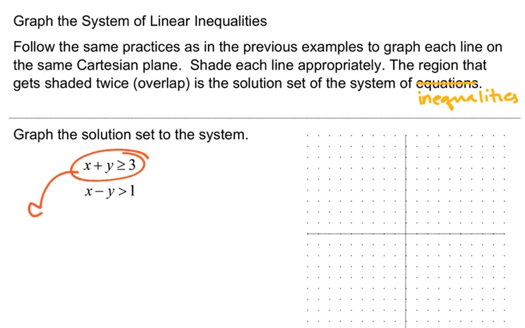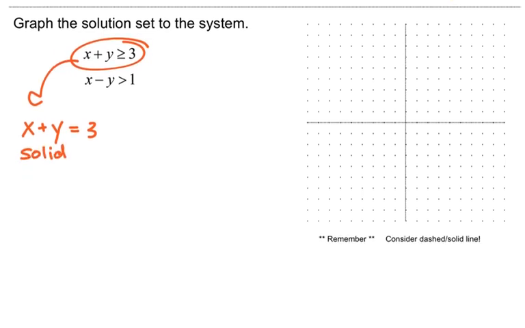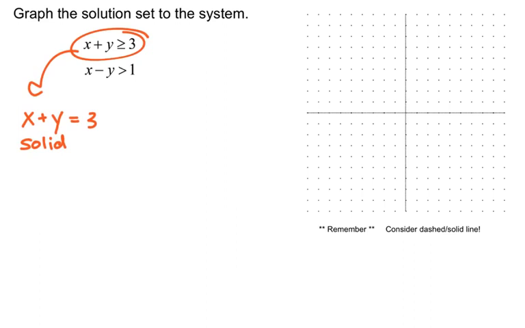First thing I'll do is I'll take this guy, I'll treat it like an equation, x plus y equals 3. The only thing that inequality is telling me is where to shade and whether or not it would be solid or dashed. In this case, we know we're going to draw that with a solid line. If I rearrange this, that would be the same as y equals negative x plus 3.